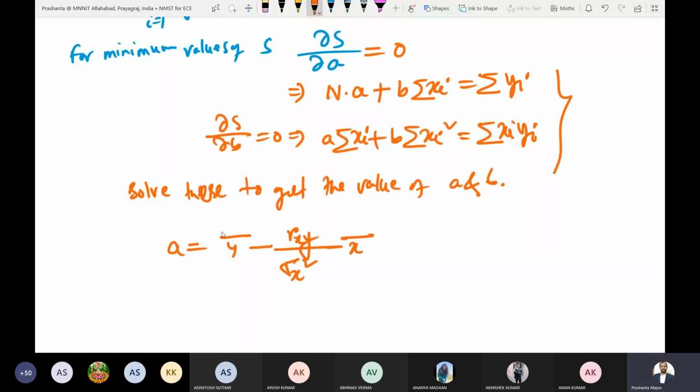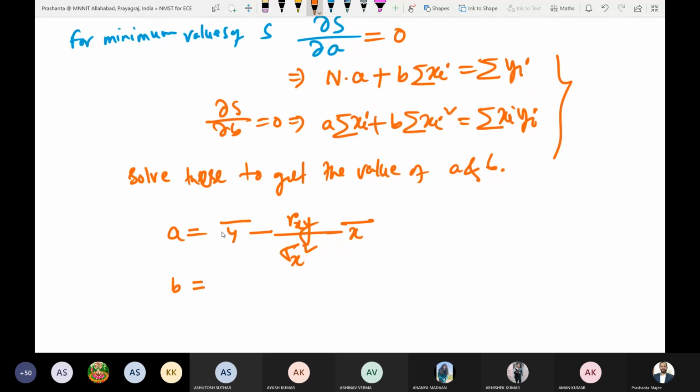This will be coming as a, and b will be rxy by sigma x square.